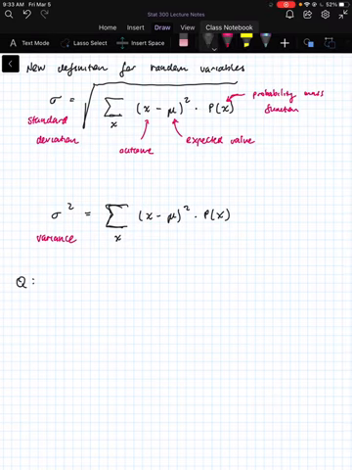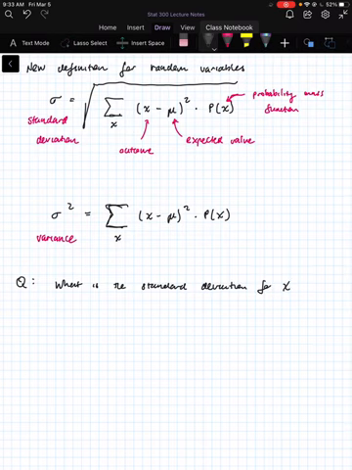So, question. Recall that we were working with X having the discrete uniform distribution with n equals 20. So what is the standard deviation for X? Well, we would need first the mean. So we'll have to calculate that first.